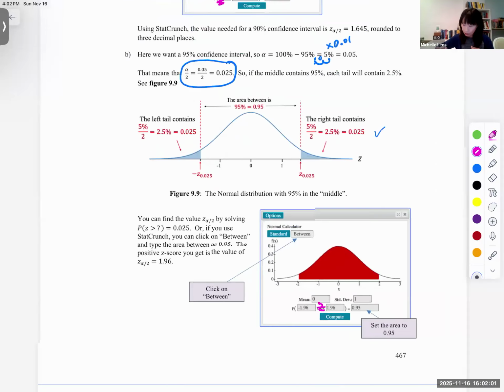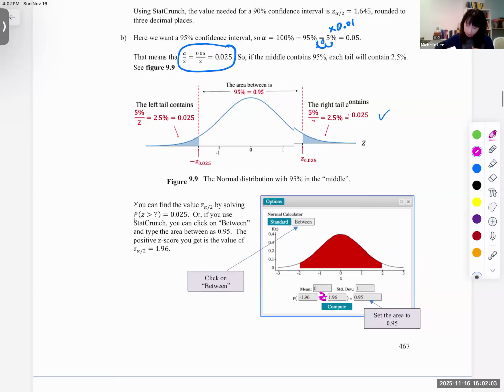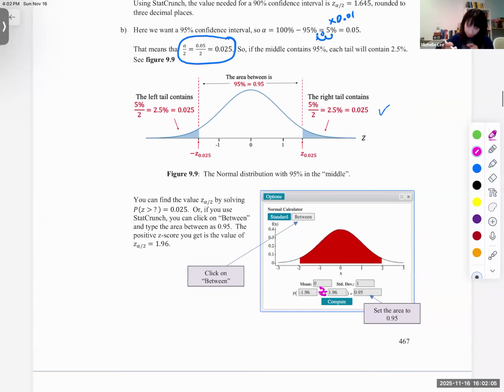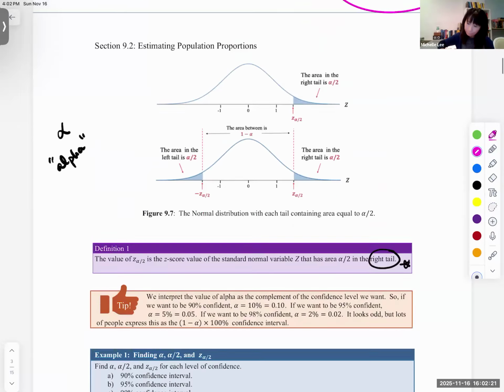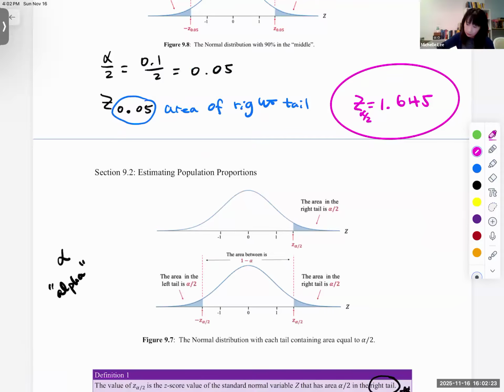So 1.96, that's the one. So actually alpha over 2, yeah? Let me mark alpha over 2.